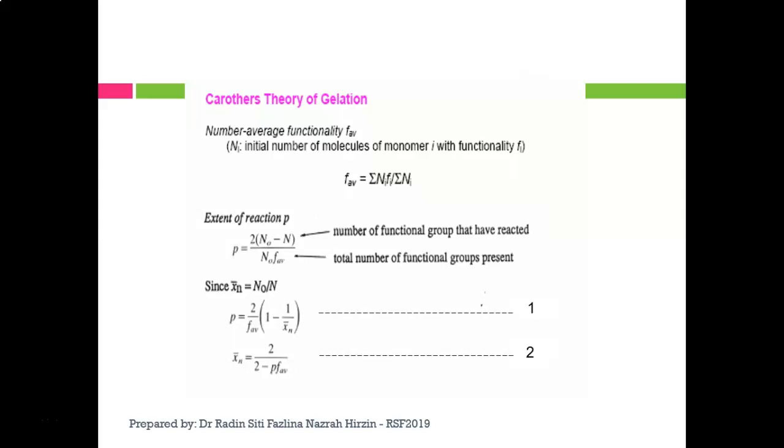There is another equation to calculate the extent of reaction, which is P. We use the equation 2 N naught minus N, over N naught F average. The upper part is the number of functional groups that have reacted, and the lower part is the total number of functional groups present.